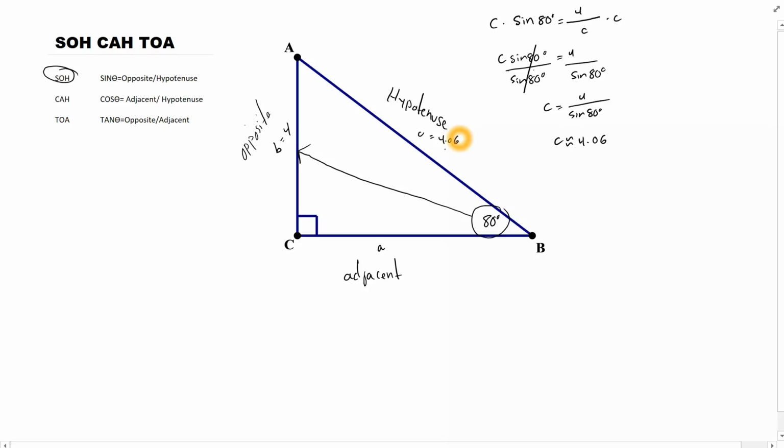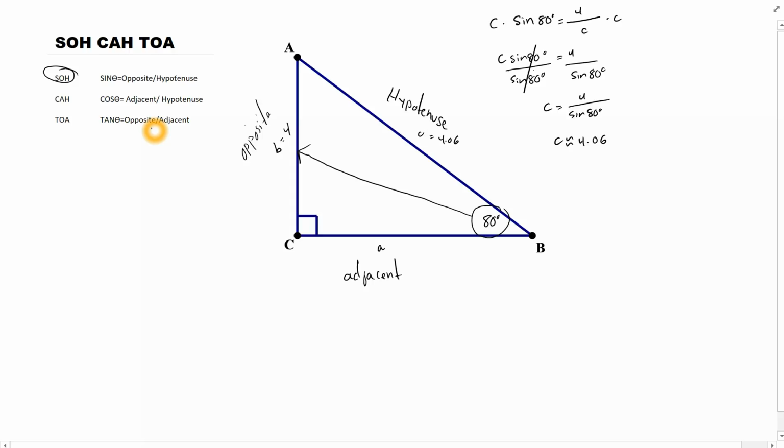And we could use Pythagorean theorem to solve for a, but we would have to use the whole decimal. But we're not going to be using that. We're going to use our Soh Cah Toa. So now we need to solve for a, and so Cah and Toa, they both have adjacent, but we're gonna be using Toa.